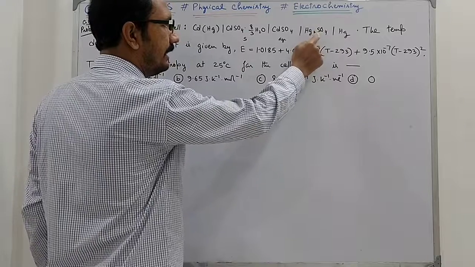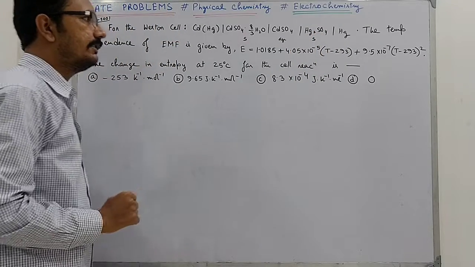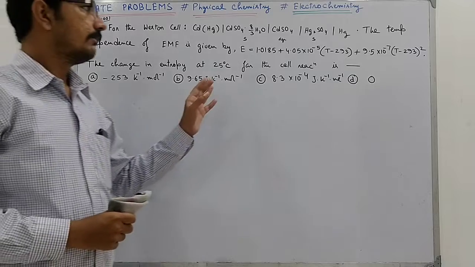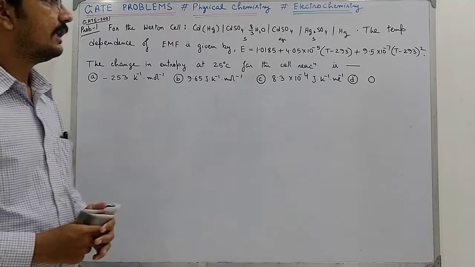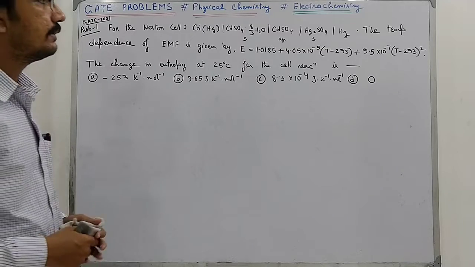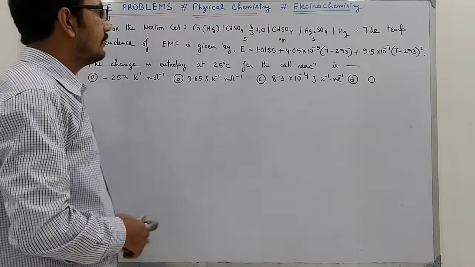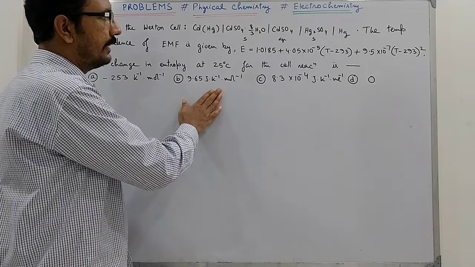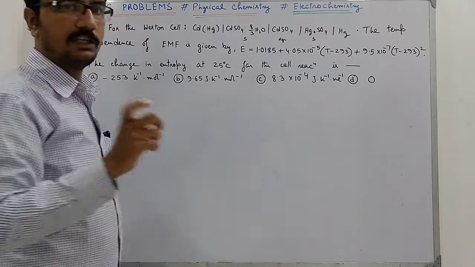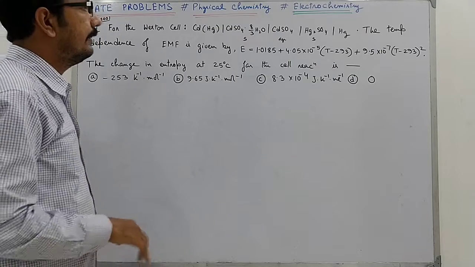Actually there is a paste of Hg and Hg2SO4. I have discussed it in the starting lectures of electrochemistry that you will get in the playlist electrochemistry. Please go there and watch about this cell, and this cell is actually used as a standard cell to determine the EMF.